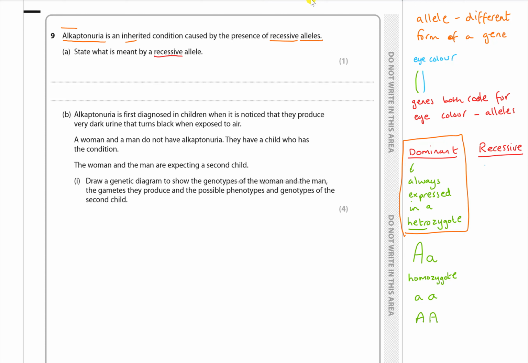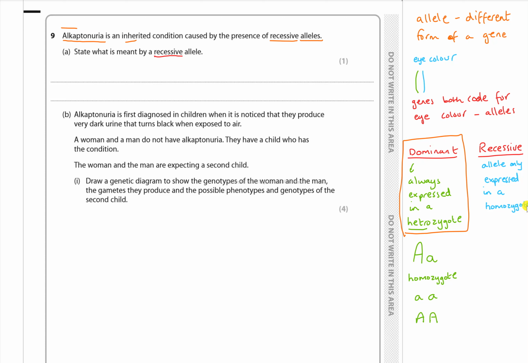An allele or a gene only expressed or shows itself or shows up in a homozygote. Homozygote or homozygous. Okay.